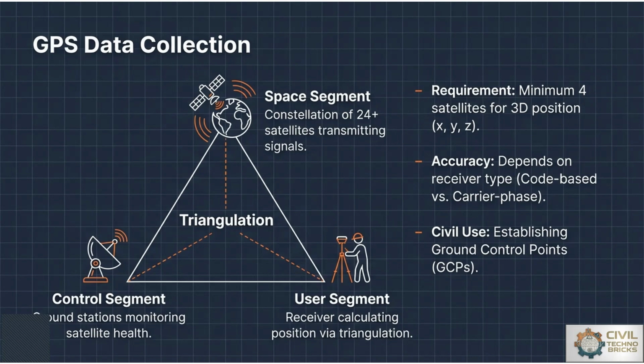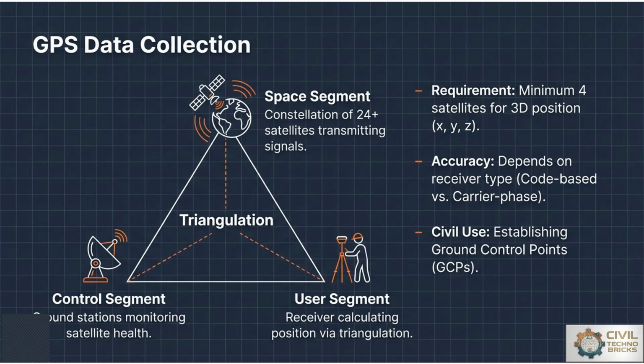These receivers calculate the exact ground position using triangulation or trilateration methods based on signals received from satellites. For obtaining accurate three-dimensional coordinates like X, Y, and Z, at least 4 satellites are required.